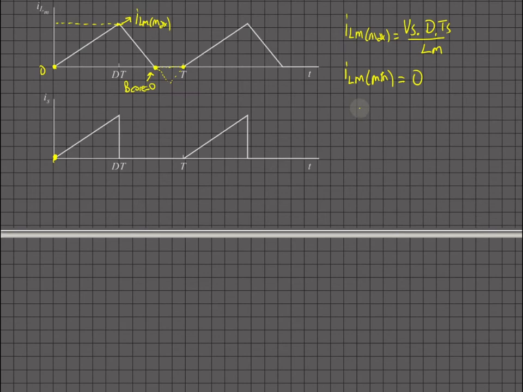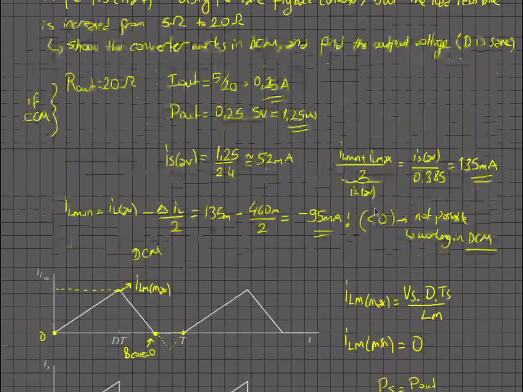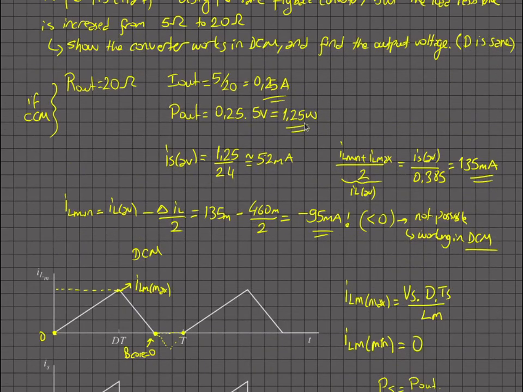I can say my source power is equal to my output power, right? So I can write Vs times Is, average over that range, and that will be equal to Vout squared divided by R, and I think we already calculated that one. But the important thing now is the output current.